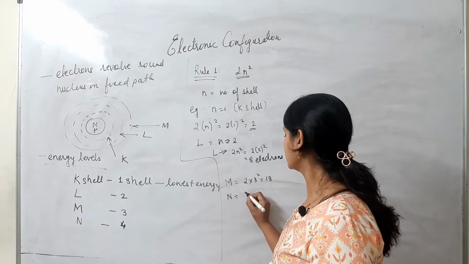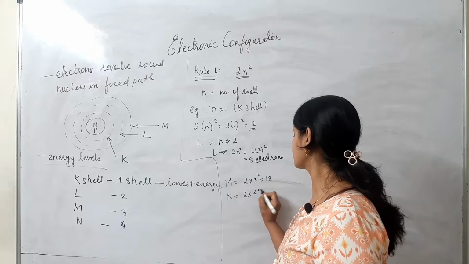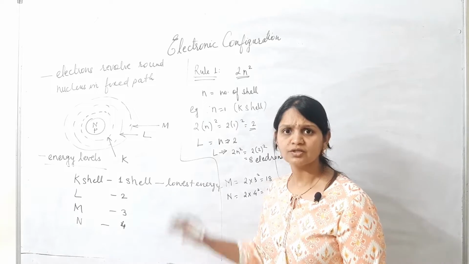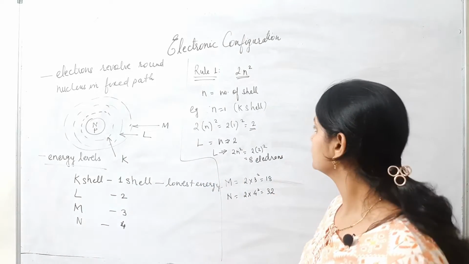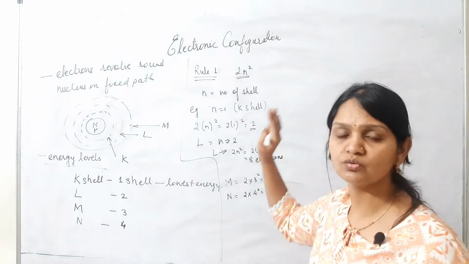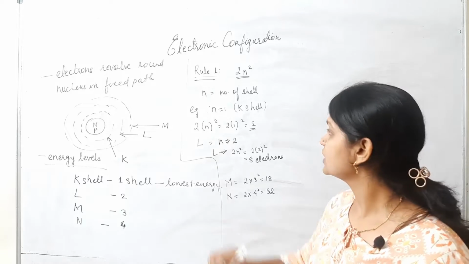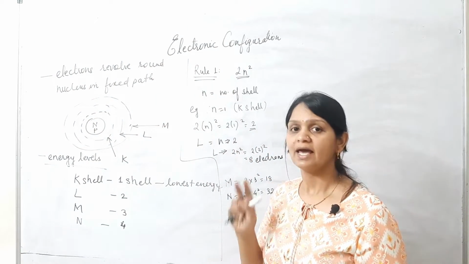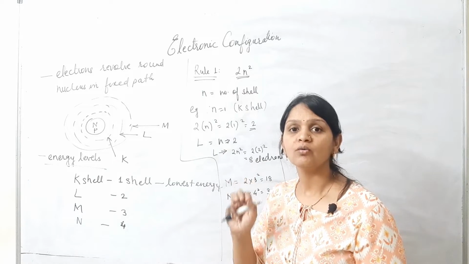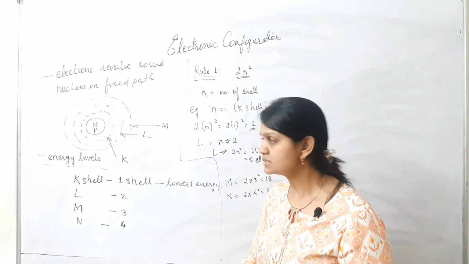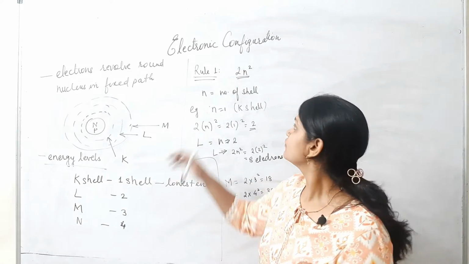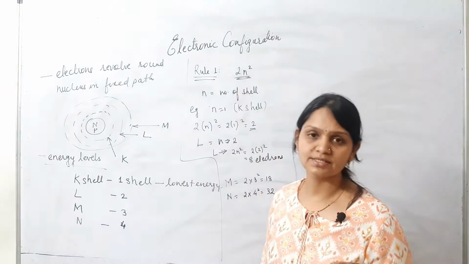The N shell will contain 2 into 4 square, which is equal to 32 electrons and so on. So, the electrons are arranged on the basis of this first rule, that is 2n square. K shell, the innermost shell, will contain only 2 electrons. L can contain at the most 8 electrons. M can contain 18 and so on, following the rule 2n square.